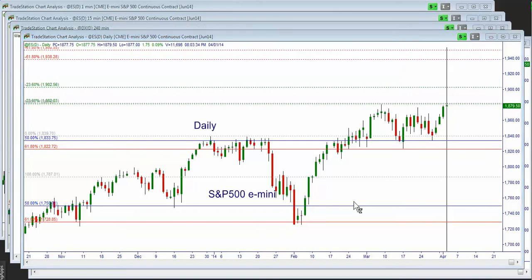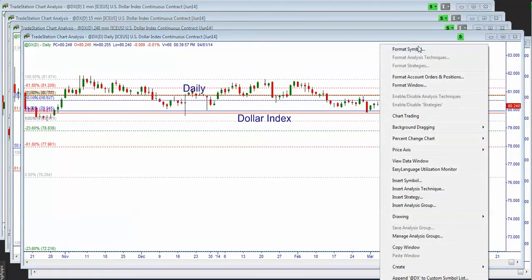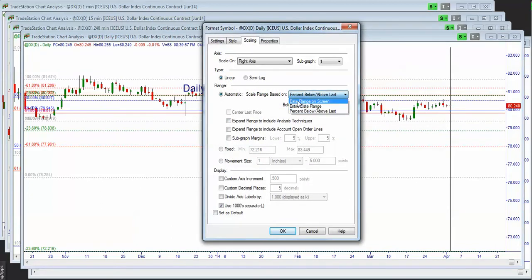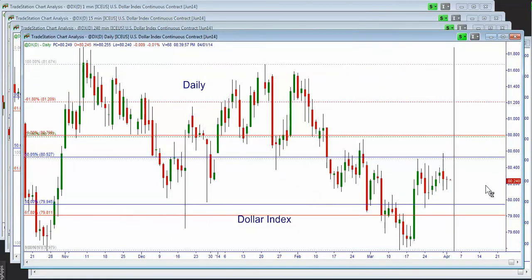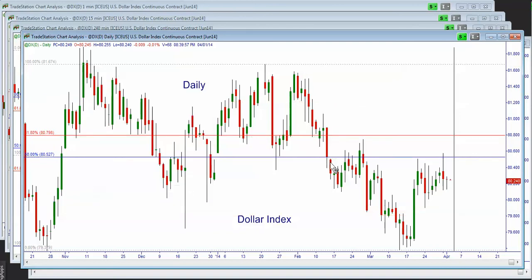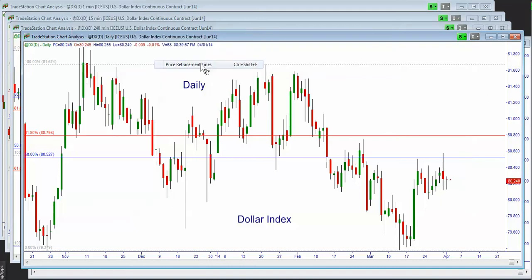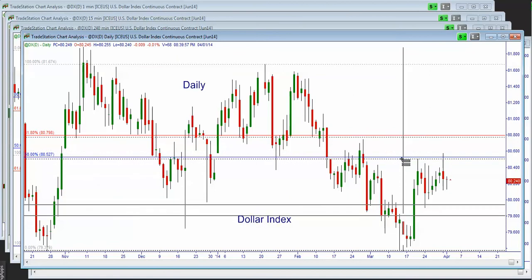Moving to the dollar index here, let me go back to the normal settings. We saw resistance playing at 80.52 again yesterday, and now we will need to test again what happens when price of the dollar index actually tests this level of support.